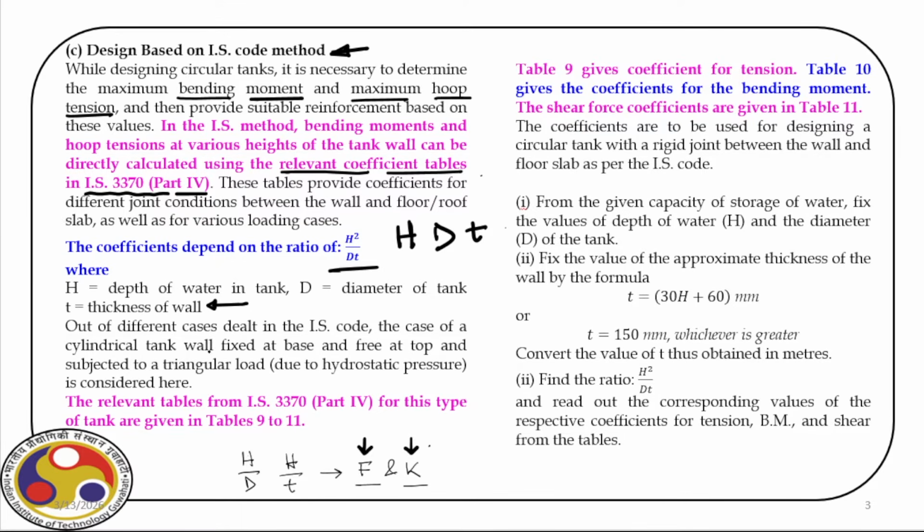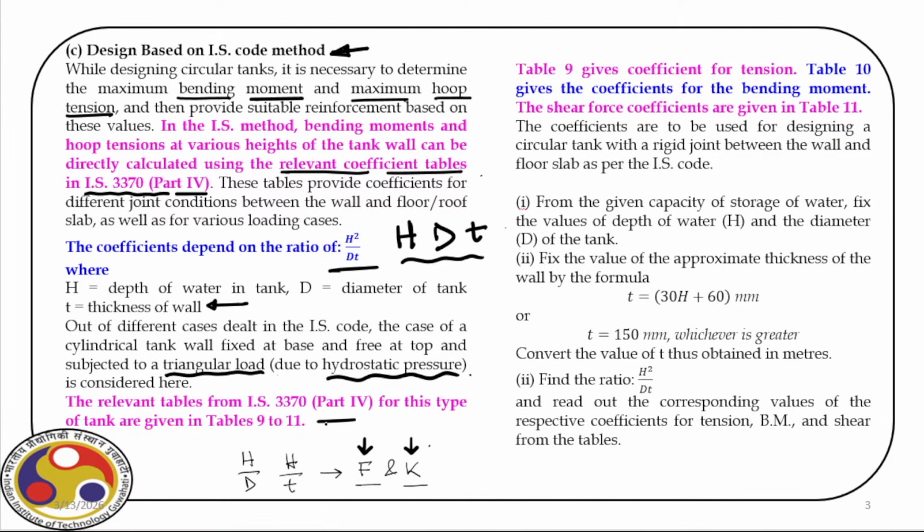Now, once we fix all this, again, there are two stress components: hydrostatic pressure causing stress on the cantilever walls, which is a triangular load, and then we have the hoop tension, which is directly acting on the wall, but it also varies with the depth of water. So as we come near the surface, hoop tension is less.